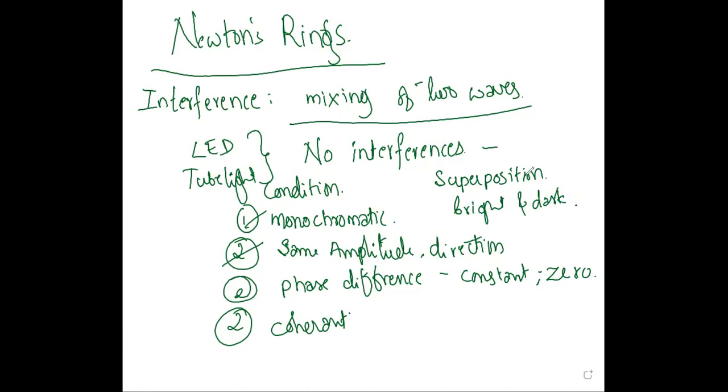Such a phenomenon we call interference. So interference is the basic phenomenon for the formation of Newton's rings.